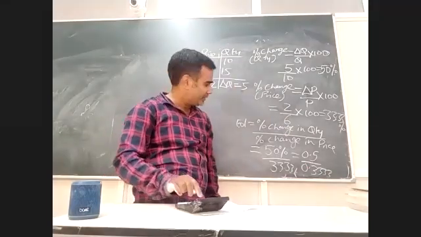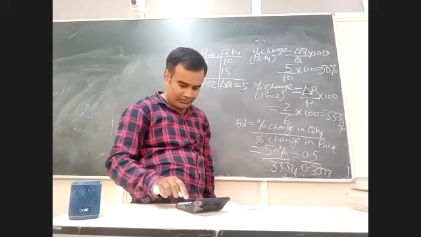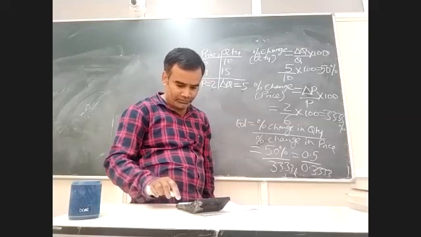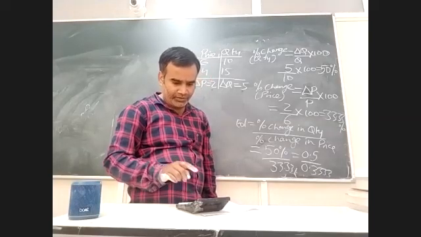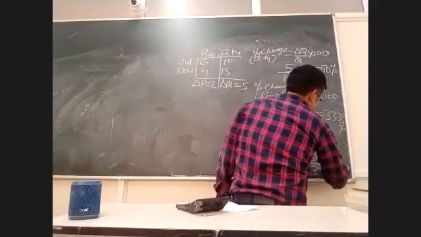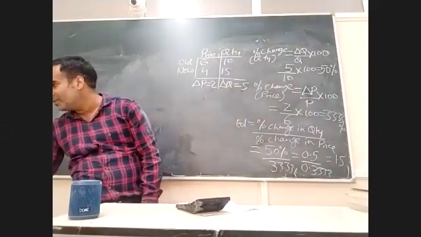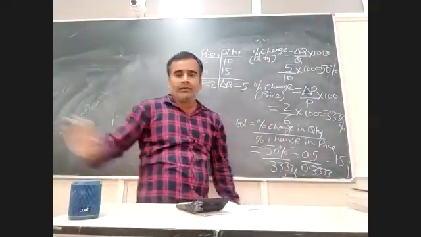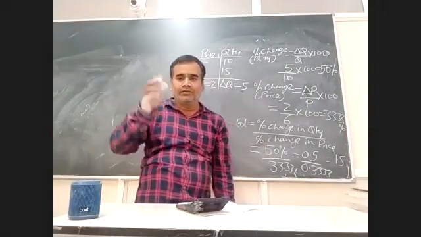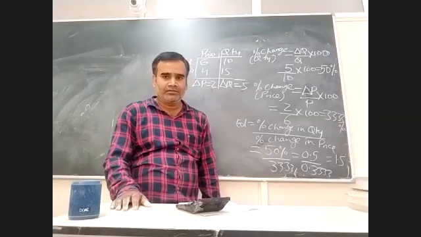So 0.5 divided by 0.3333 is 1.5. We are getting 1.5. So now see which option has this.